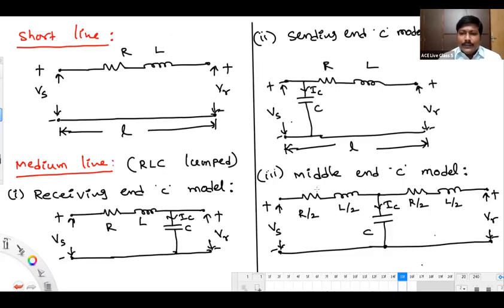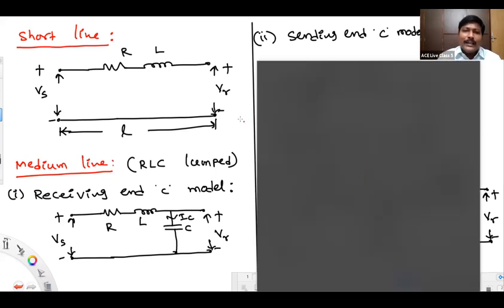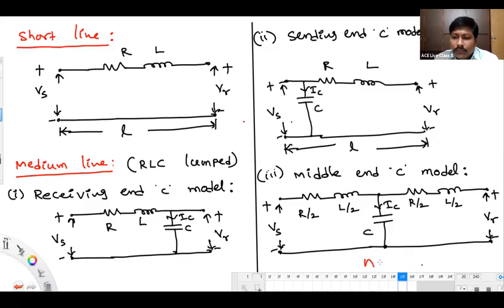This middle end capacitor model can also be called a T model. It looks like the letter T, so it can be called the nominal T model of the line.